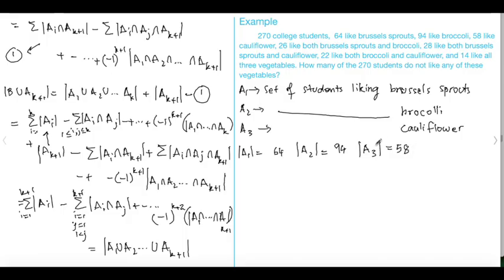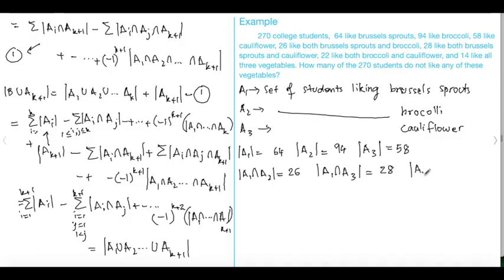There is other information: A_1 intersection A_2, both broccoli and Brussels sprouts, is 26. A_1 intersection A_3, both Brussels sprouts and cauliflower, is 28.